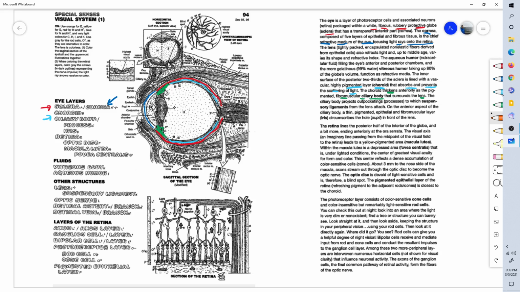The lens, of course, is this structure here. The lens refracts light along with the cornea. It is see-through, it's transparent, and it refracts or bends light.